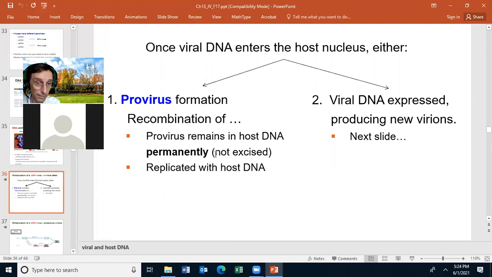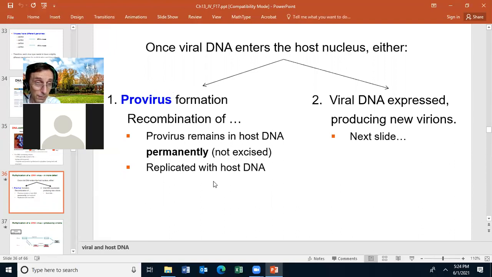The provirus is permanent and is never excised from the host cell's DNA. In the provirus life cycle, the provirus will replicate when the host replicates its DNA. Any question about that?